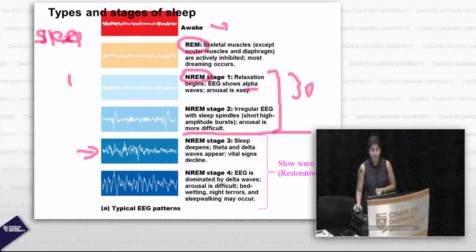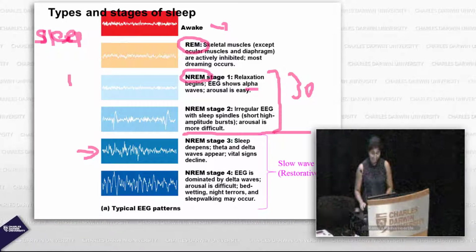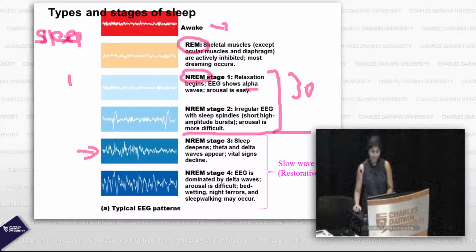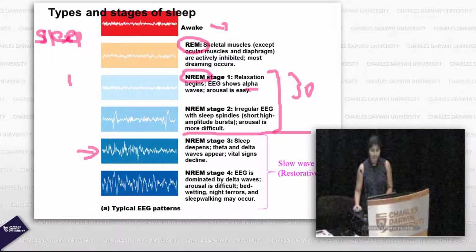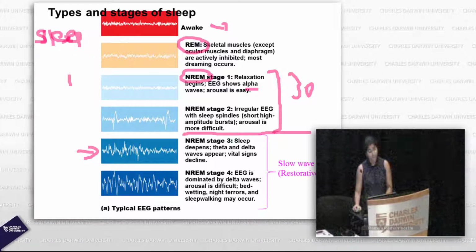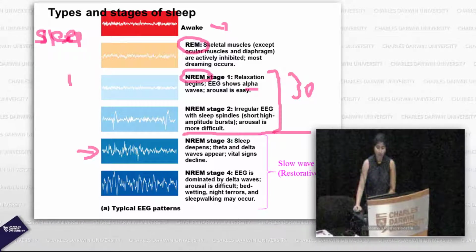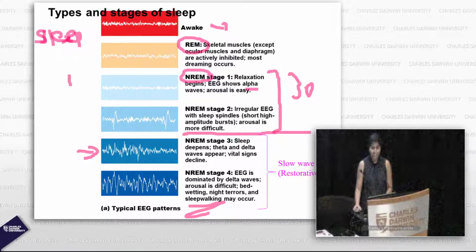In stage 3, most of your vital signs start to decline. Then stage 4 is mostly delta waves, and symptoms like bedwetting, night terrors, and sleepwalking also occur during stage 4 for some people.